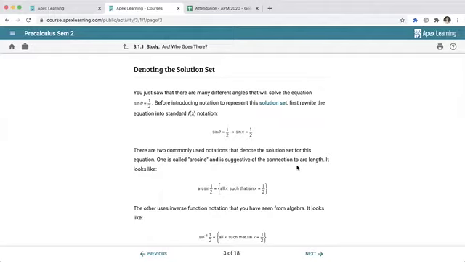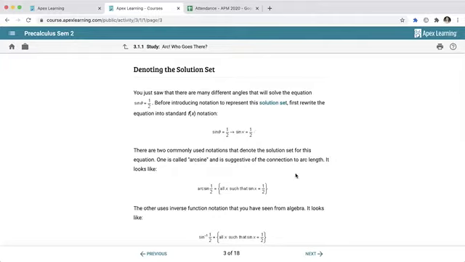To denote our solution set, we can represent our theta as an x value, in our standard function notation. We're solving for our angle theta, so we can just write this as sine of x equals 1/2.